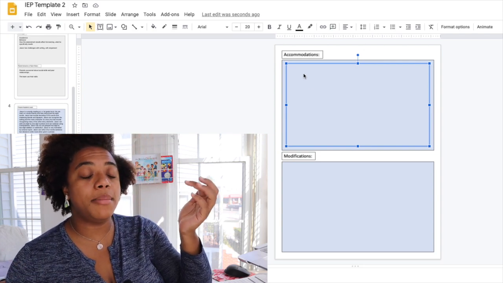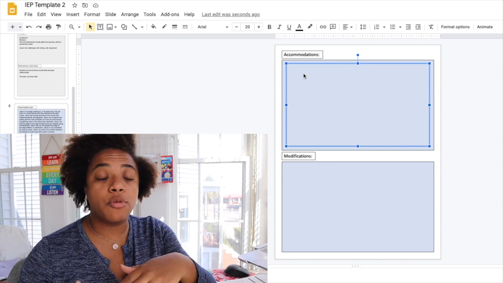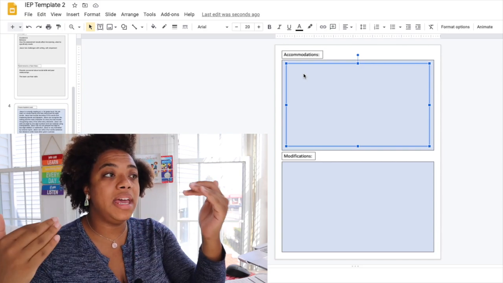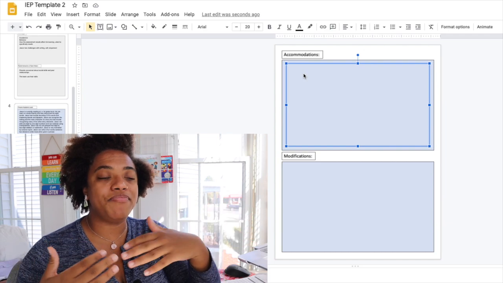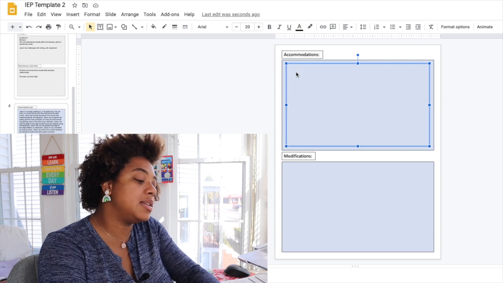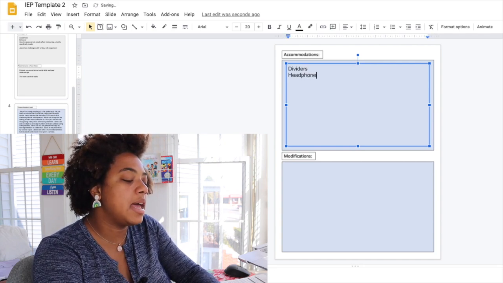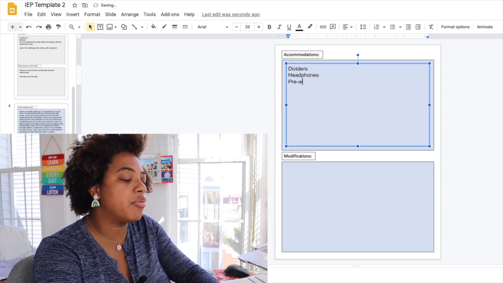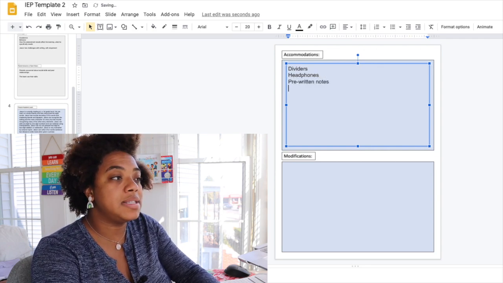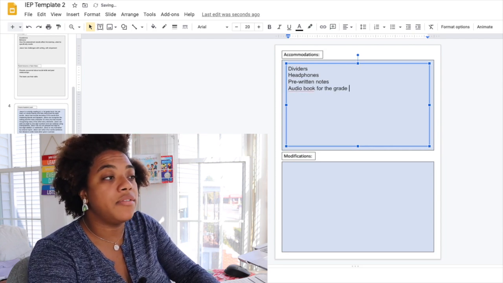But when it comes to an accommodation, it's stuff that you can put in place for Jason that will help him reach the content. So stuff that will support him. So for example, Jason honestly probably needs dividers. He probably needs headphones. He probably needs pre-written notes for the subjects. He definitely needs an audio book for the grade level text.